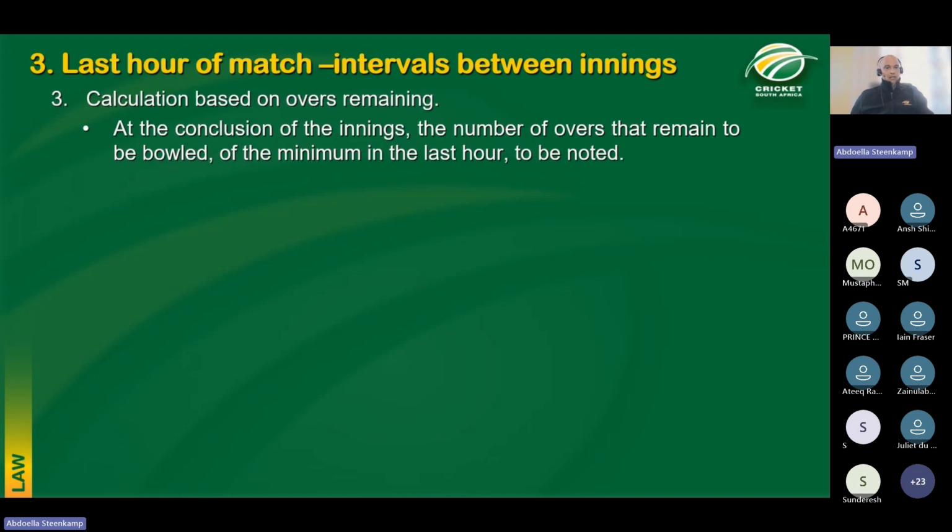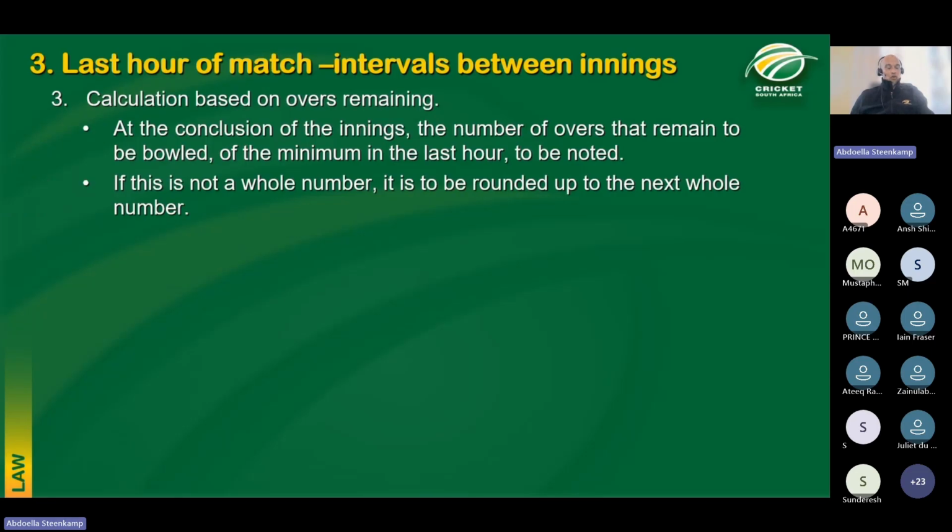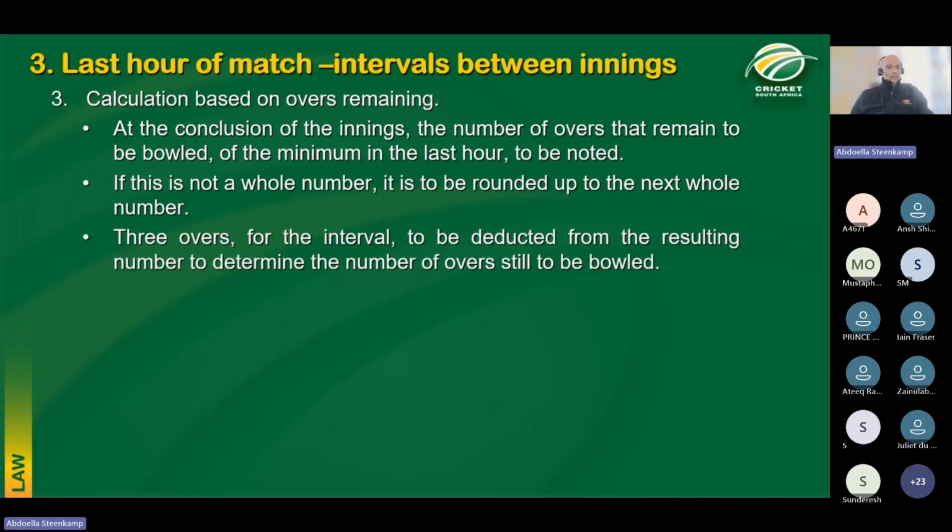You need to write it down. Second step is, if your answer in bullet point 1 is not a whole number, round up to the next whole number. And the last step, deduct 3 overs for the change of innings interval. These are the 3 steps that you need to do in your first calculation.